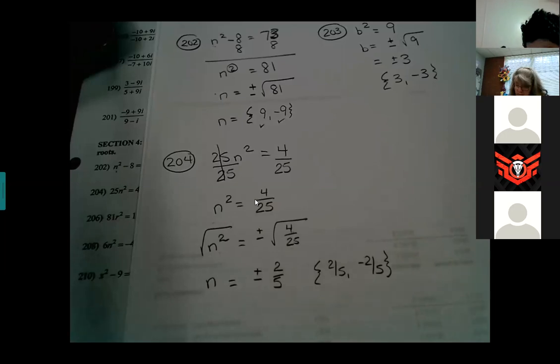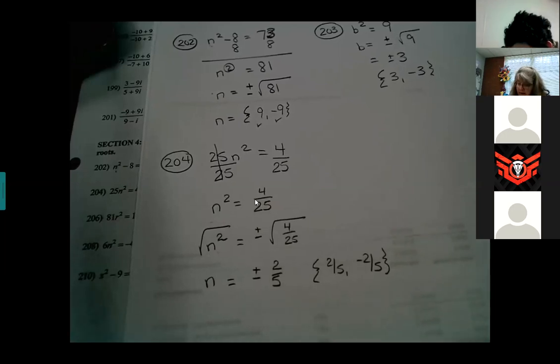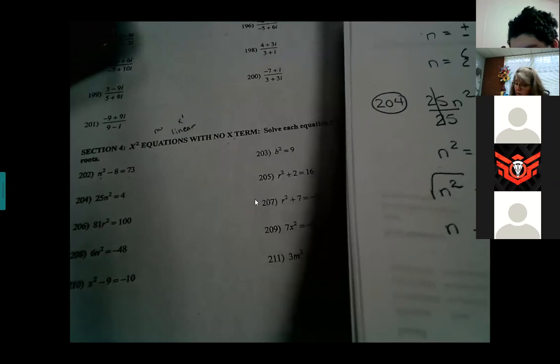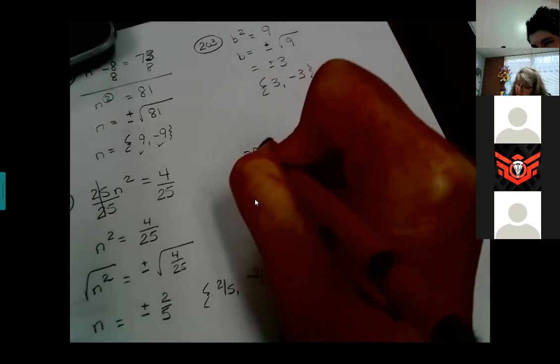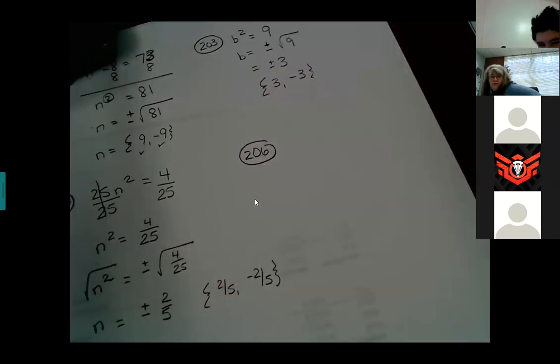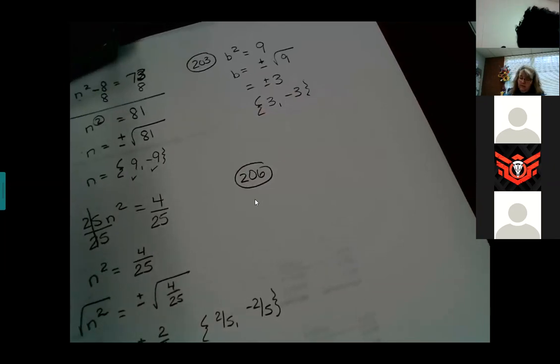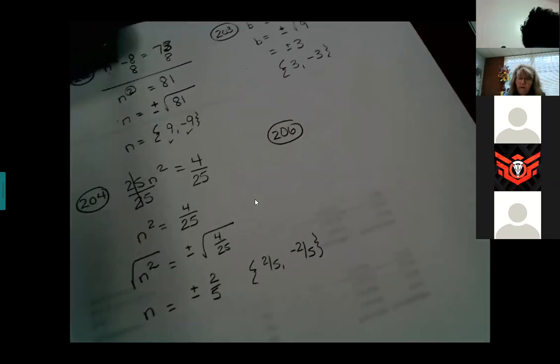Good. Okay. On your own, I would like you to do 206 and text me an answer. Everybody do 206 on your own and text me an answer. I'm deliberately skipping 205.